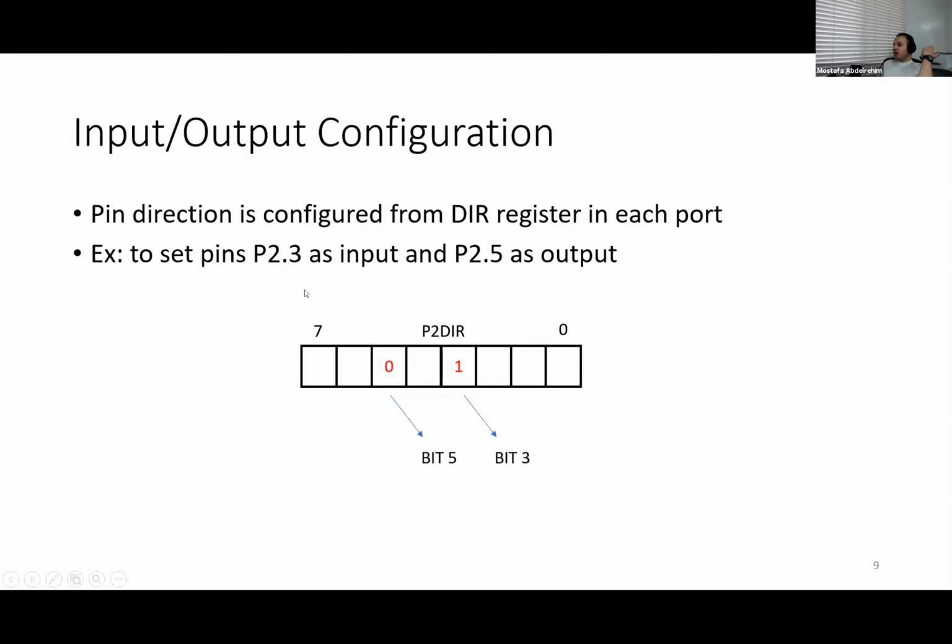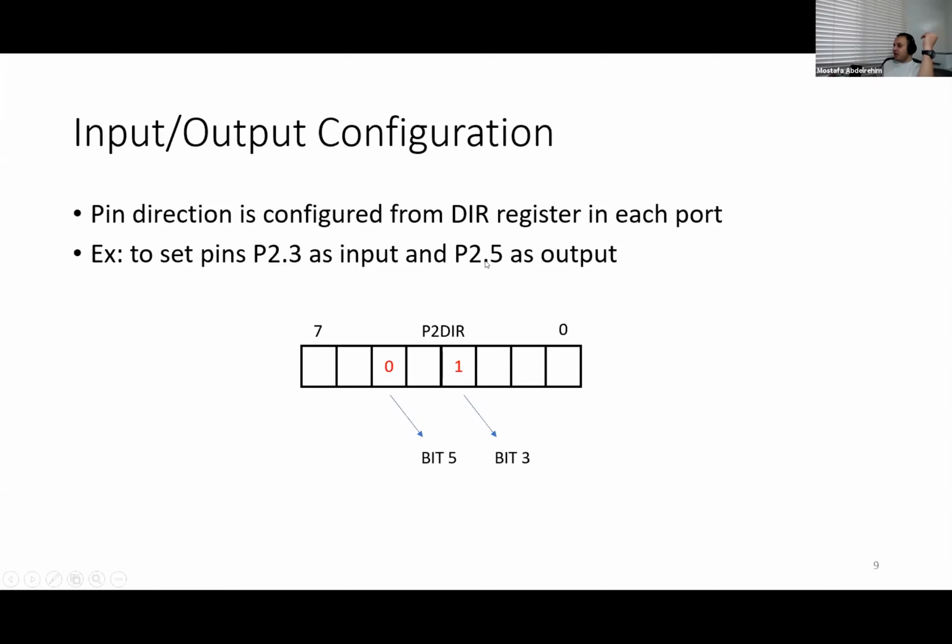If you want to set the fourth pin, number 3, and the sixth pin, number 5, as an output, you do that through the configuration of the direction register. 0 is used for input, and 1 is used for output.